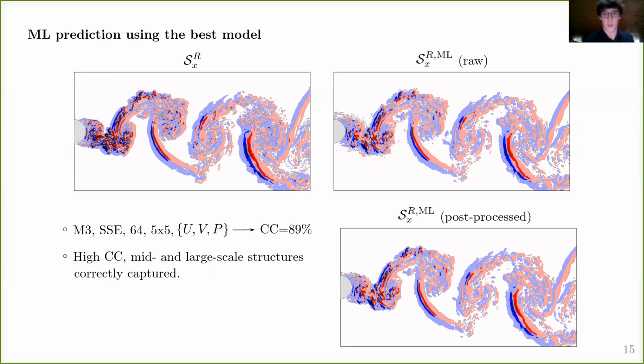So basically, we can see that, again, mid-scale and large-scale structures are correctly captured here. But there's some noise that you can observe in the near region to the body. There's also not a very good correlation on the small-scale structures. And this is definitely something that has an impact on a potential a posteriori framework.